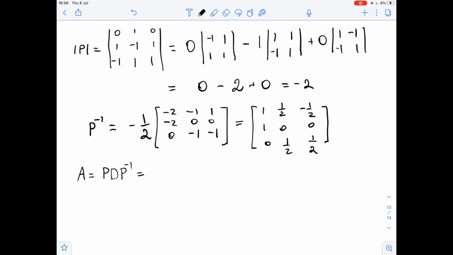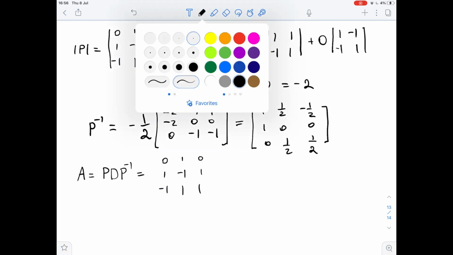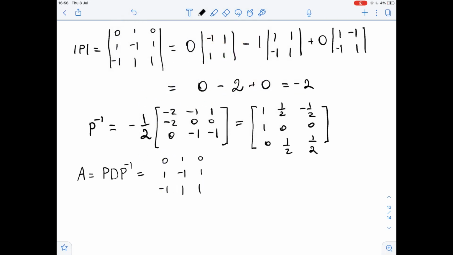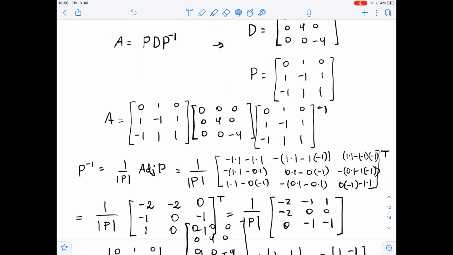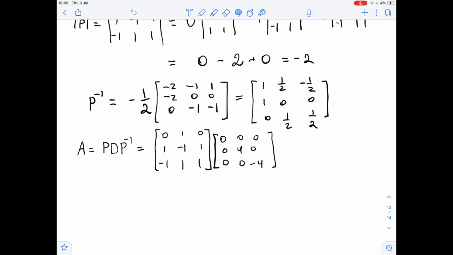So P is right here. This is matrix P times matrix D and times P inversed.